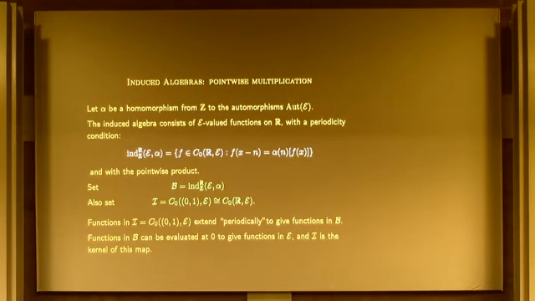Now to put that into a more detailed C-star algebra setting, what I want to do is one more algebra, an induced algebra, where you take the functions from, in this case I only need the reals, into, say, the boundary algebra, and you put on a periodicity condition corresponding to the lattice symmetries of the situation.